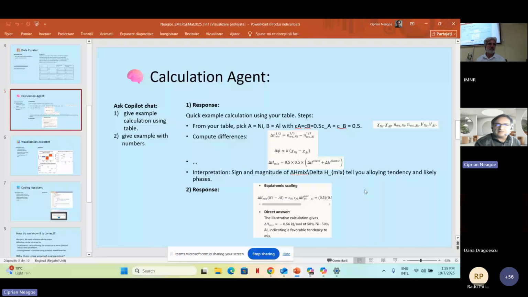I asked Copilot to calculate something about the Maya-Dema model, and it did some calculations, provided some relevant parameters, also provided literature references, and explained what to do with those parameters. So it's able to do this.